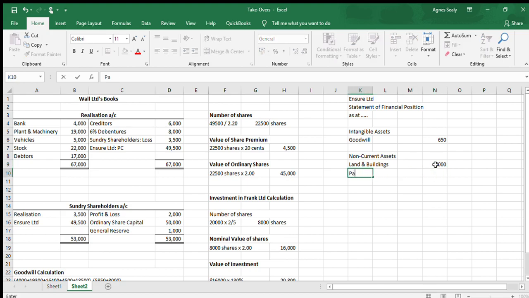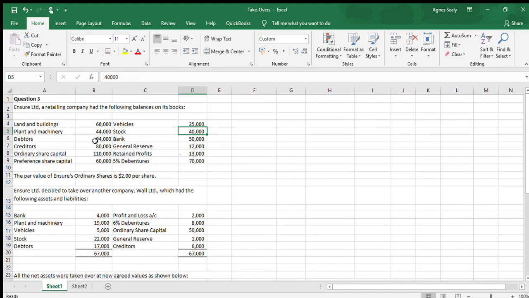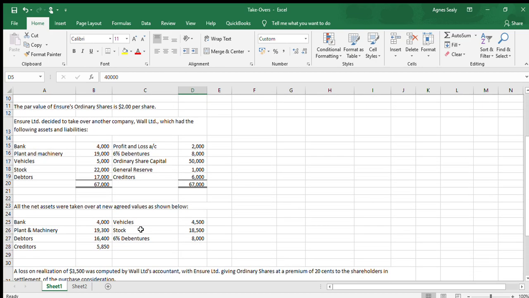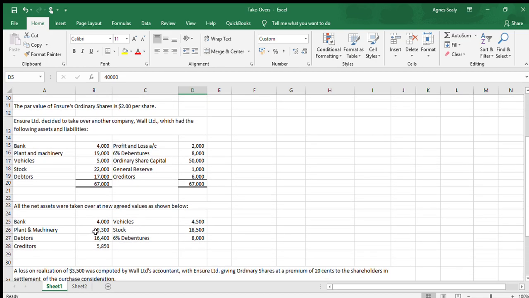Then we have plant and machinery. What we are going to do is combine the plant and machinery for Ensure with the taken over value for Wall. Ensure's plant and machinery is $44,000, and the taken over value for Wall is $19,300.